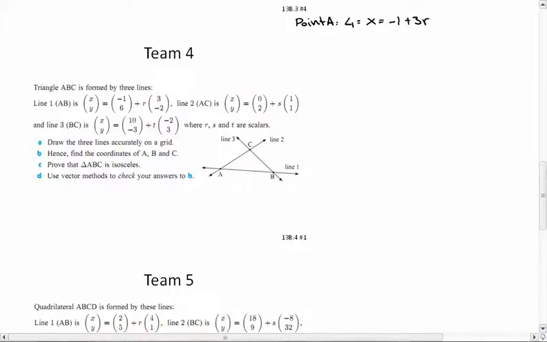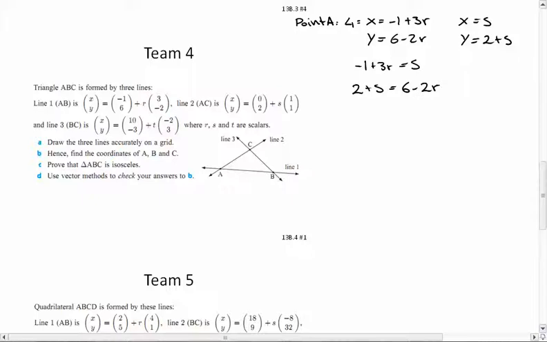Line 1 has y equals 6 minus 2r, and line 2 is x equals s and y equals 2 plus s. Then you would make the x values equal to each other, so negative 1 plus 3r equals s. And then you would have 2 plus s equals 6 minus 2r.